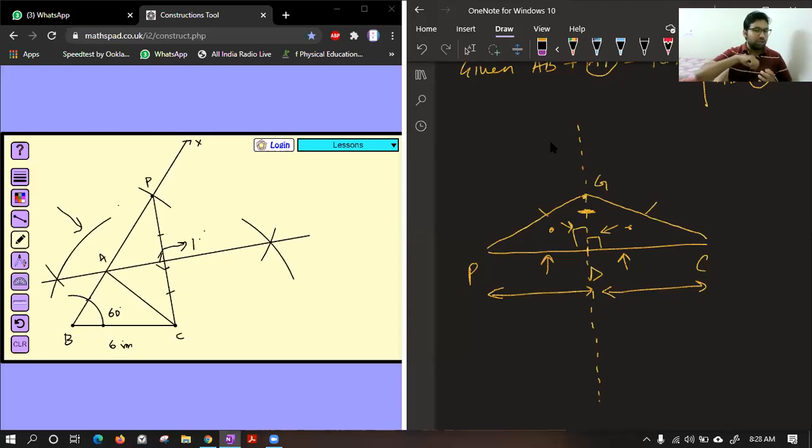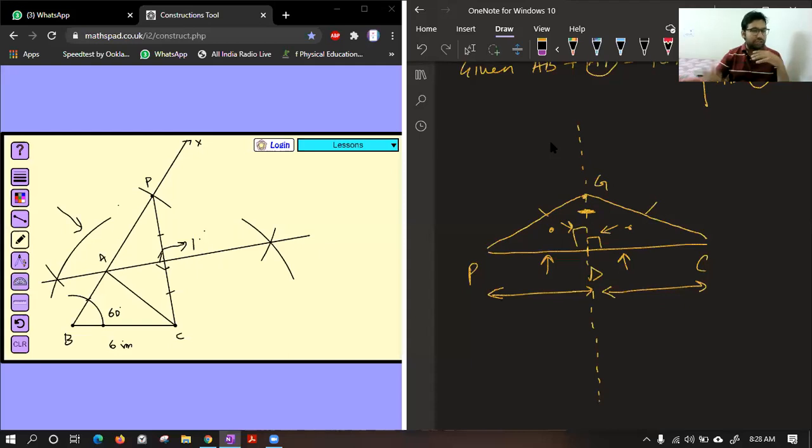So whether you use the congruency criteria or the simple property, you can say a point lying on the perpendicular bisector of any line is at equal distance from both the ends. Is it clear to everyone?